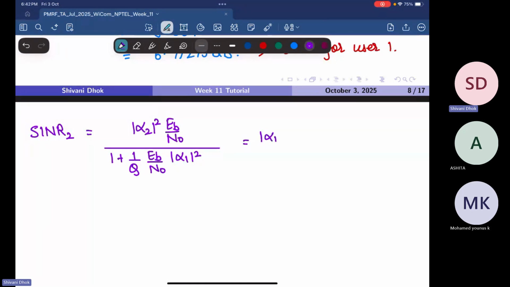This is nothing but magnitude of alpha 2 squared EB by N naught into DG2.